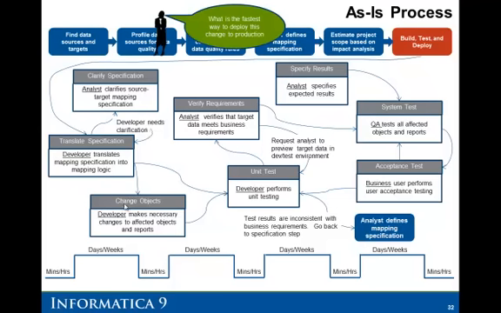The developer needs to make all the necessary changes to the affected objects, perform some unit testing, and this can be time consuming in and of itself, in terms of running the mapping logic, looking at the output, manually inspecting it to see if it's the expected results, going back to the analyst to confirm that it is meeting the business requirements, and then the analyst also needs to work closely with QAs, as does development, to make sure that QA is getting the right test coverage, testing the right things in order to get the expected results.